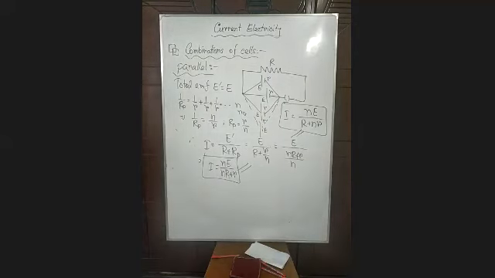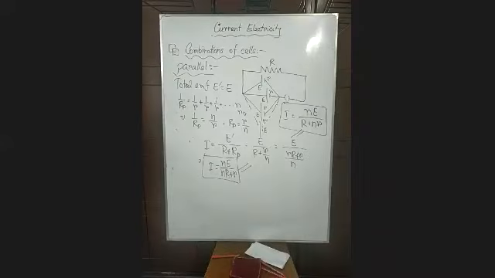So the current will be different for these two combinations. Definitely the current will not be the same. The bottom one is for parallel and the right one is for series.